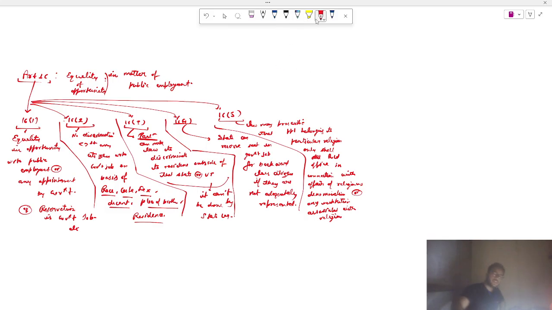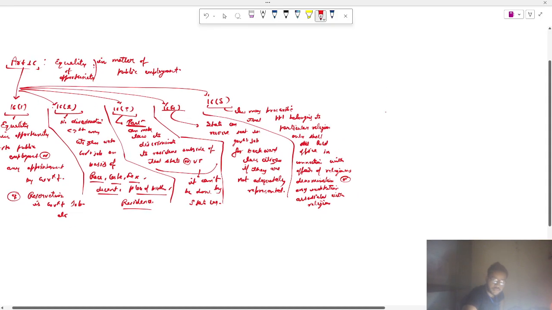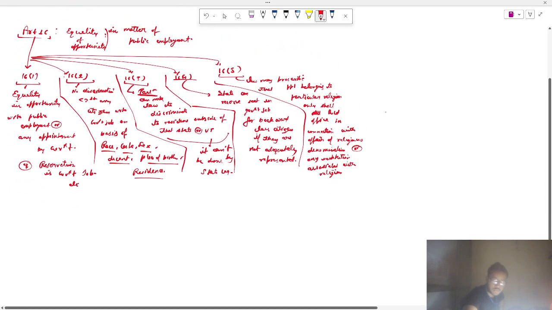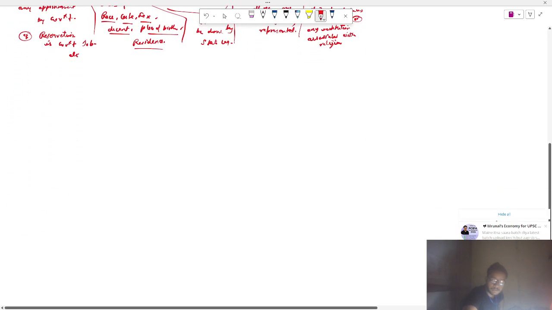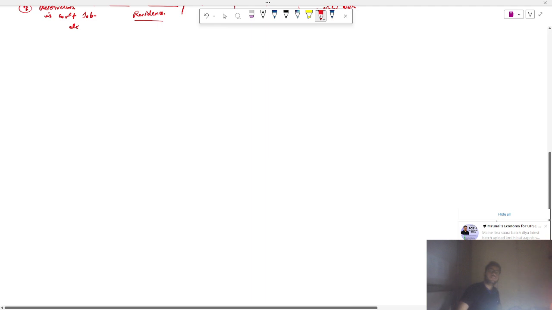Now let's discuss the evolution of reservation in India. Okay, give the heading.